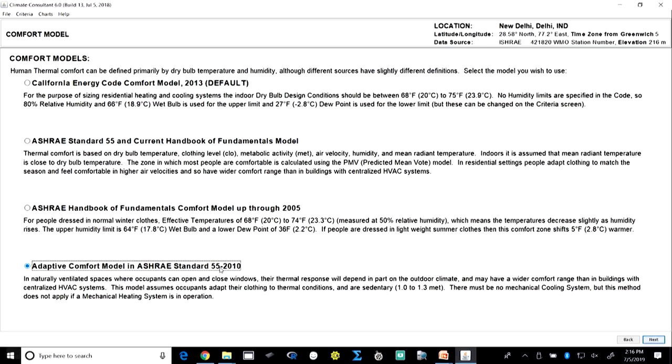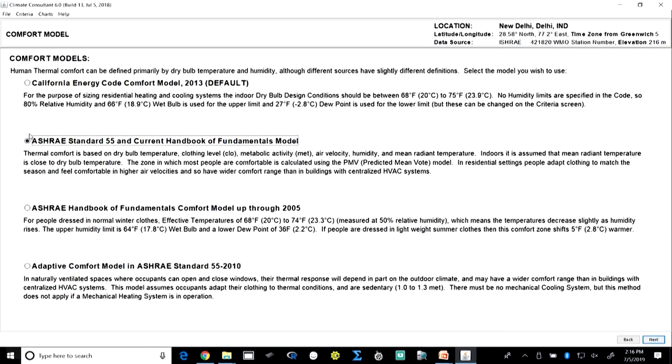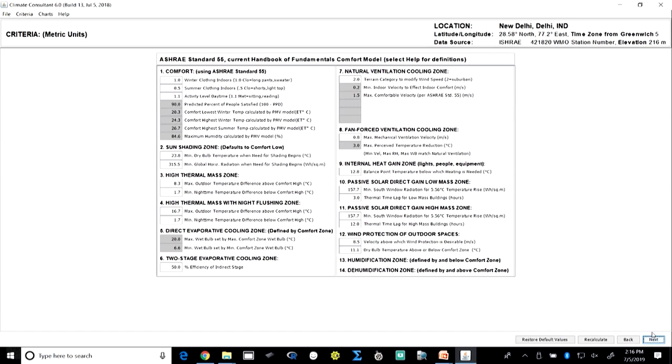You can also try varying these comfort models and then see what happens. So, let us go ahead with say ASHRAE 55 for now. When we select ASHRAE 55, it gives us how the comfort is being defined, how the sun shading zone is being defined, thermal massing zone and the CLO values.